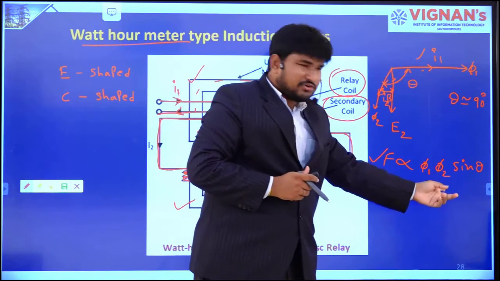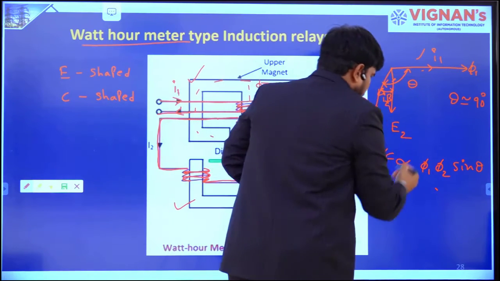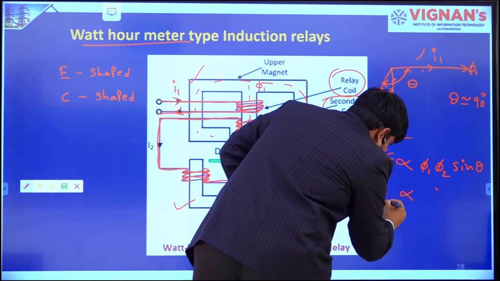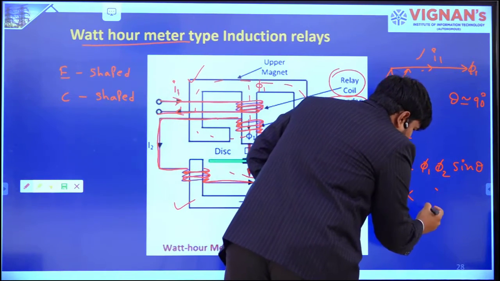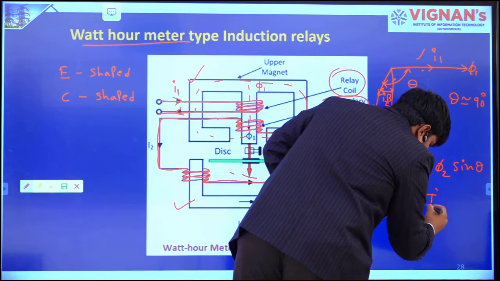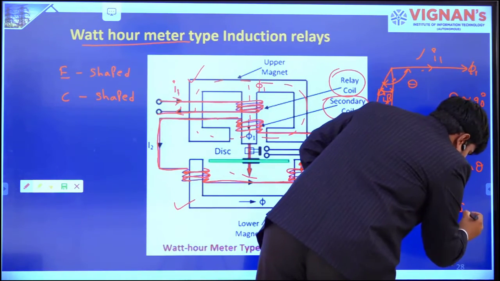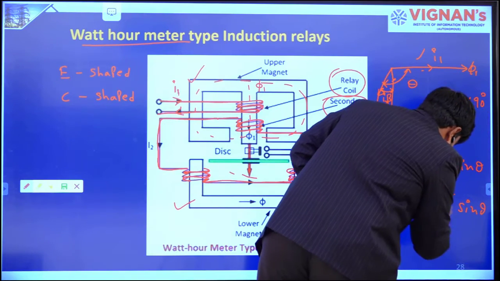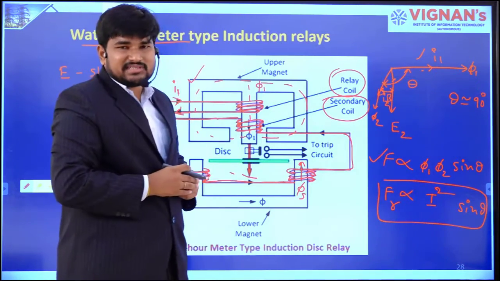So the phi 2 is also directly proportional to I1. So hence the resultant force will be directly proportional to square times of current into sin theta.